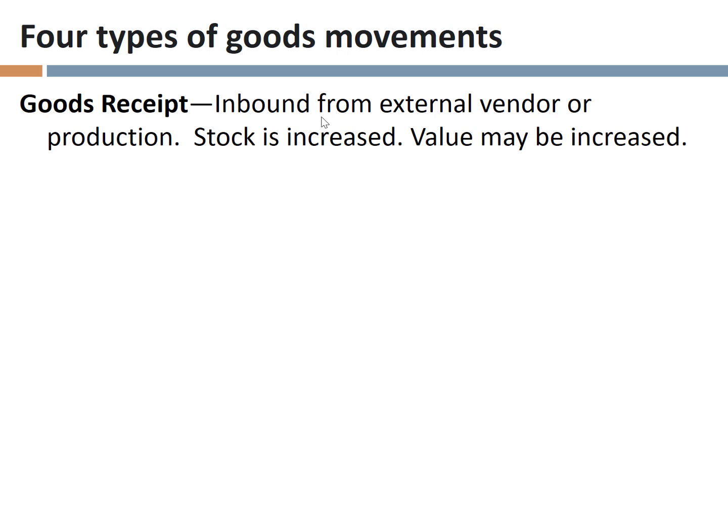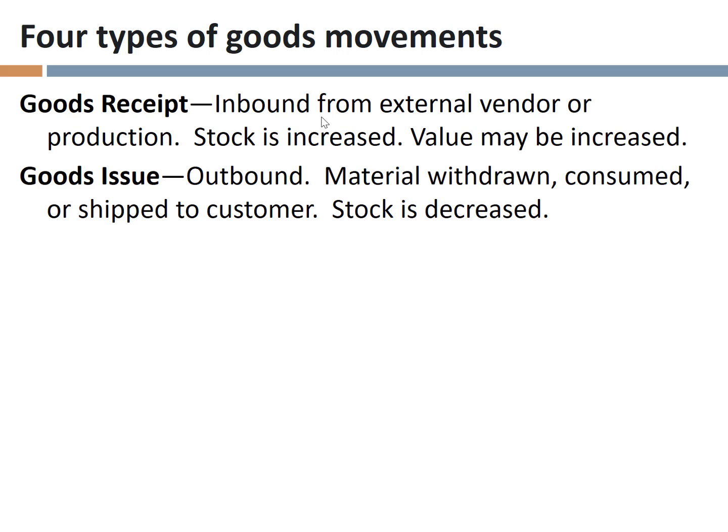So we have goods receipt that triggers, hey, we now have something. Goods issue is the outbound side of this. A goods issue means that we're withdrawing material either to consume it or to ship it to our customer or other things of that sort. Now, the reason why I said there are so many numbers is because every time we have a goods issue, and you've seen this in your lab work, it's like goods issue to production or goods issue to customer.